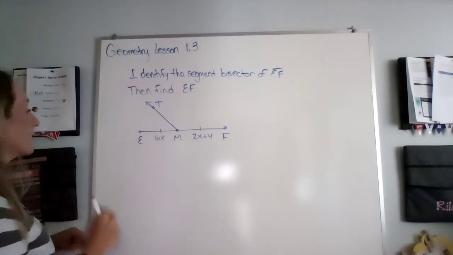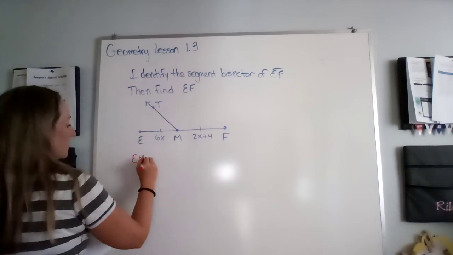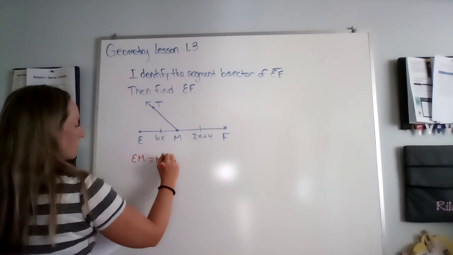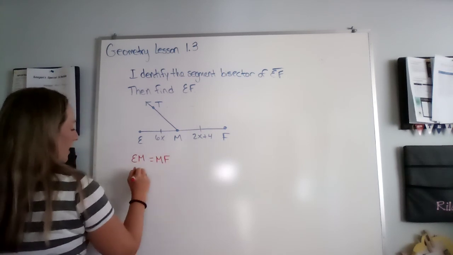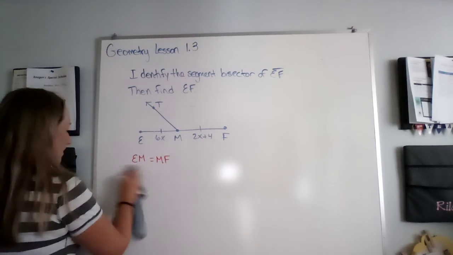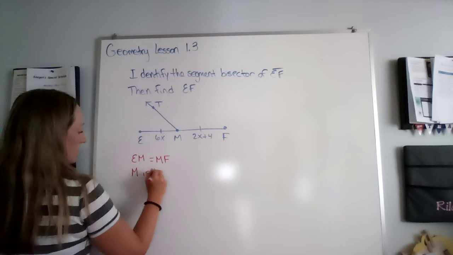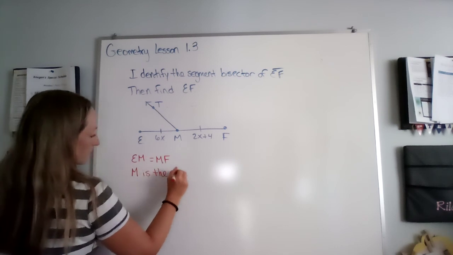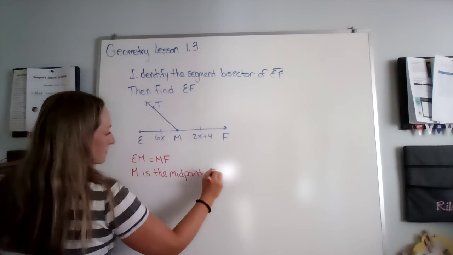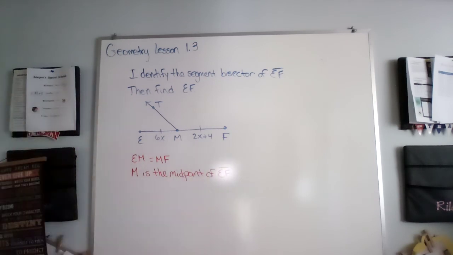The tick marks tell you that EM is equal to MF. Oops, I should do capital M, sorry. M is the midpoint of EF. Okay, so that's what the diagram is telling us.